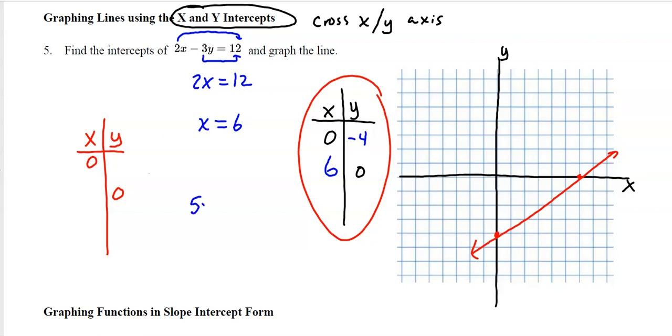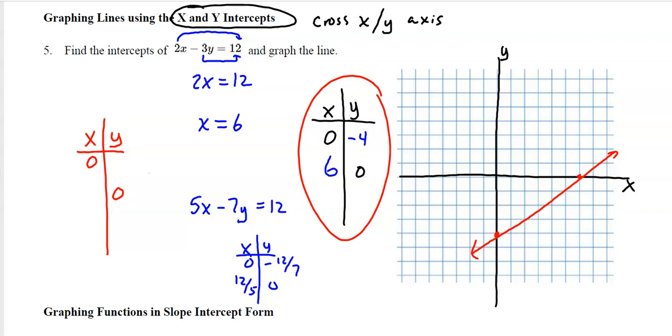If I were to do one like 5x minus 7y equals 12, that's going to kind of suck, because when you do your little table and you put 0 in for x, you're going to get y equals -12/7. And then if you were to do 0 for y, you would get 12/5. And those points are a little bit tougher to graph.